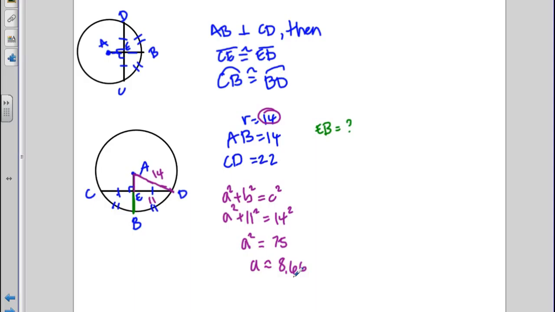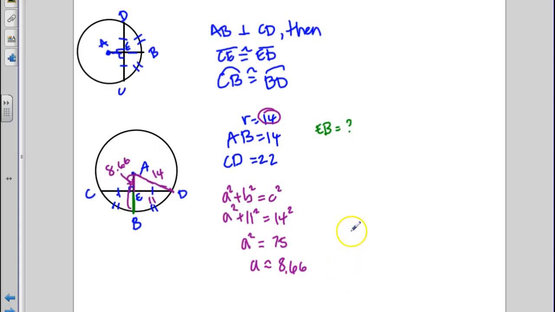So from here, that's this distance right here, 8.66. All right, so do we know this whole thing? Absolutely we do. So now we can take the radius and subtract off this part of the triangle, and that will give us the green part.